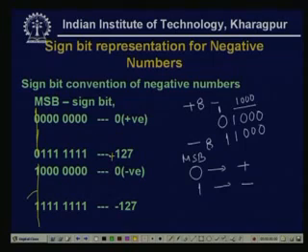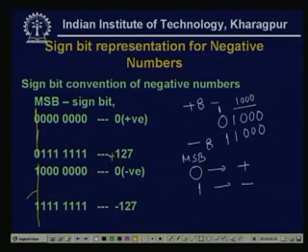This is 1, so this is a negative number. This is 1, so this is a negative number. Now see that if it is a 7-bit representation, all bits will be 0, and MSB is 0, so I am telling this is a positive 0. Why? See, again 1 with all 0, this is a negative number, so as if this is a negative 0.